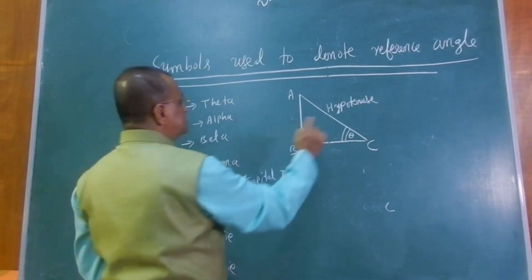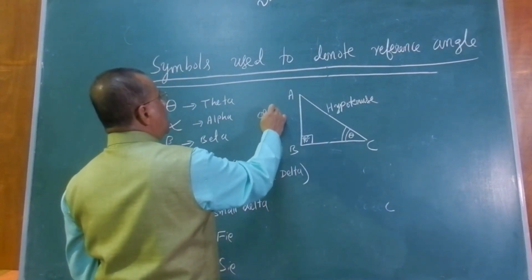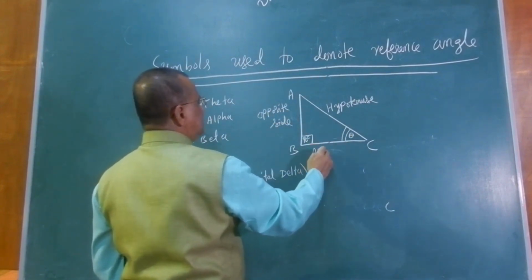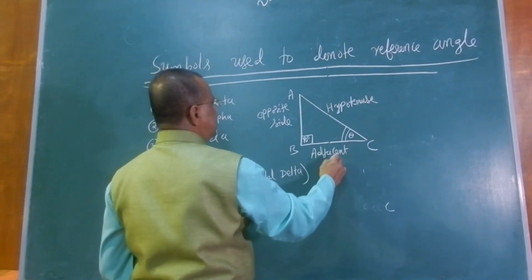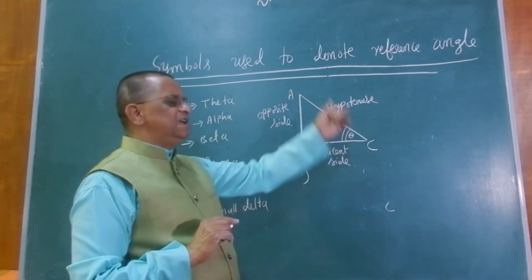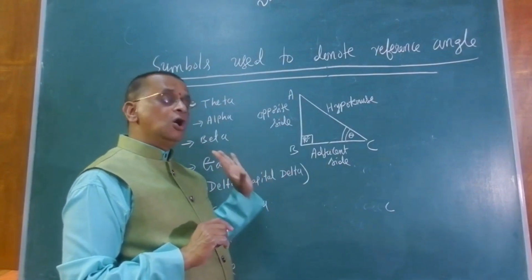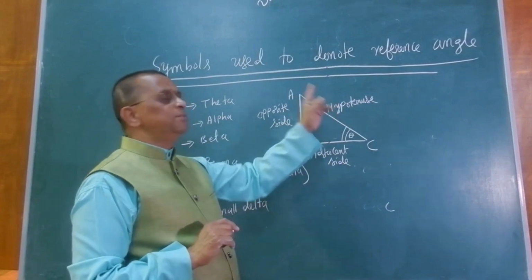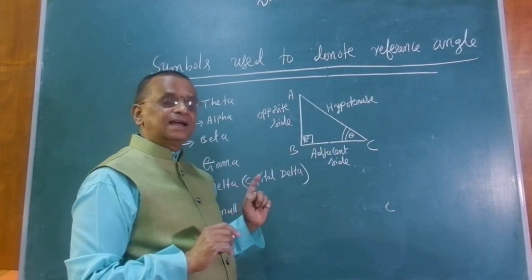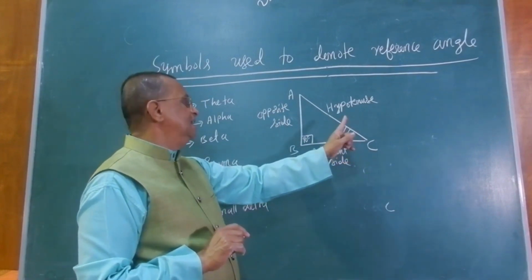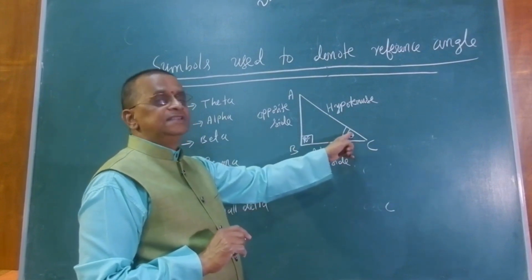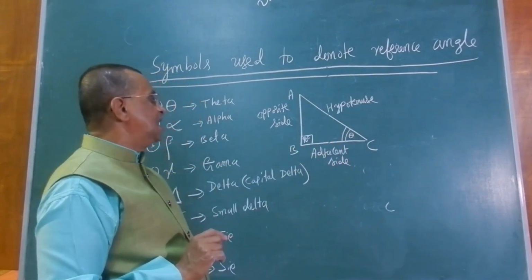Then we call the side opposite to reference angle as opposite side, and the side which is adjacent to reference angle is called adjacent side. In a right angle triangle, there are three sides, and we named all three. One side opposite to 90 degree is the hypotenuse. If you take reference angle as theta, then the side opposite to theta becomes opposite side, and the side adjacent to reference angle is called adjacent side.